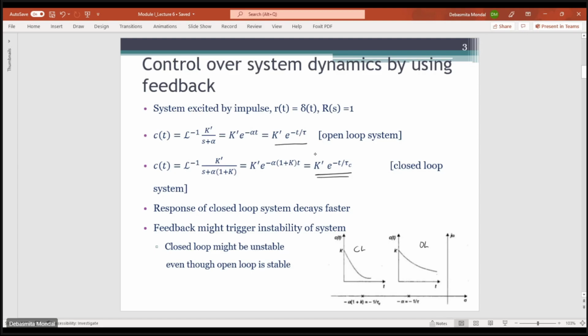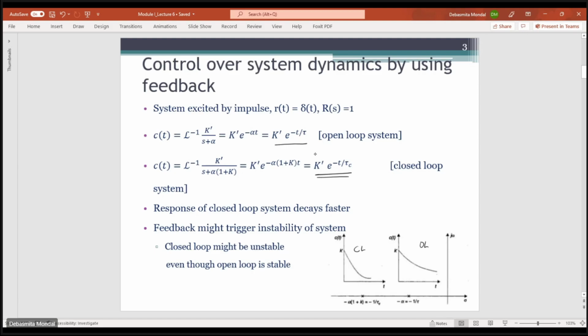In the case of a low pass filter, the system responds to frequencies starting from DC up to a certain value. Let us say that value is omega b. At omega b, the gain of the system drops down to 1 by √2 of its DC value. This frequency omega b is known as the bandwidth of the system.